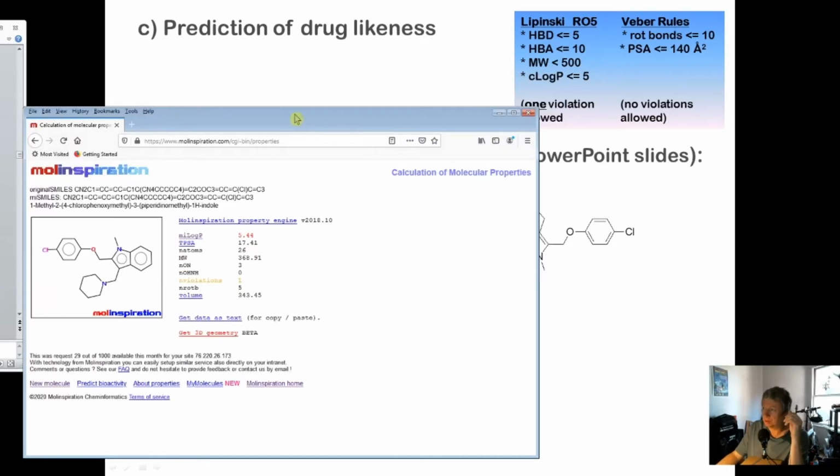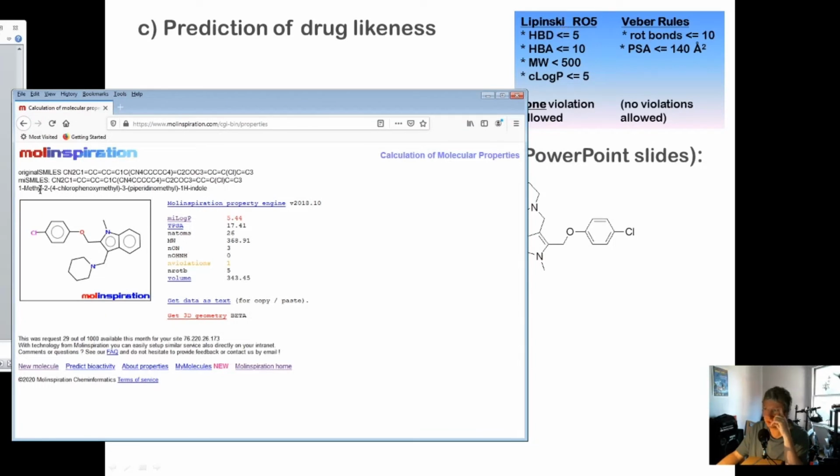Okay, Lipinski hydrogen bond donors are 0, so that's less than or equal to 5. Hydrogen bond acceptors are 3, which is less than or equal to 10. Molecular weight is 368. That's great. That's kind of where we want it. And C log P is above 5, so that is a single violation, and it calculates the violation there. So overall, this is fine with the Lipinski framework.